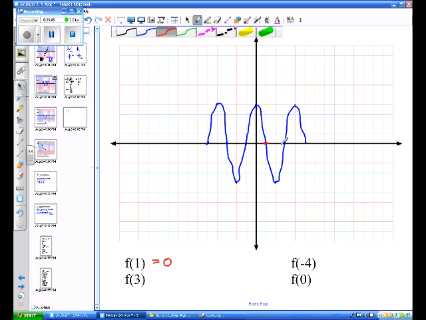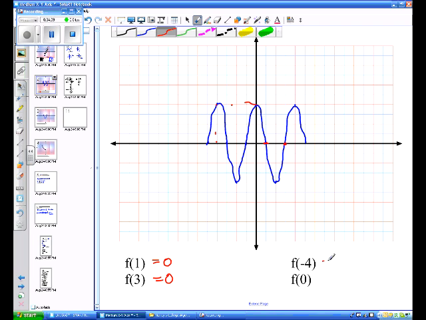Now if we go to f of 3, when x is 3, our y value is 0 again. That's our value on our y-axis, so it's also equal to 0. If we go to f of -4, we have 1, 2, 3, 4. Here's -4, and we go up to our y value, and then we go over to our axis, and we see that's 1, 2, 3, 4.